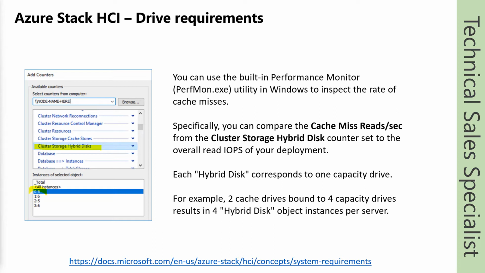In this configuration, we have 4 capacity drives and 2 cache drives. We have the cache drive 5 and 5 and the cache drive 6 and 6, and the capacity drives 0, 1, 2 and 3, and these are combined to these hybrid drives.